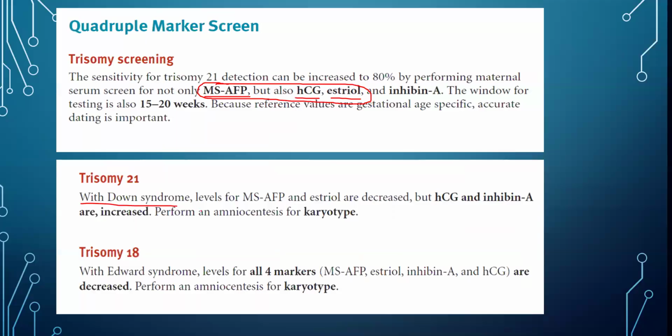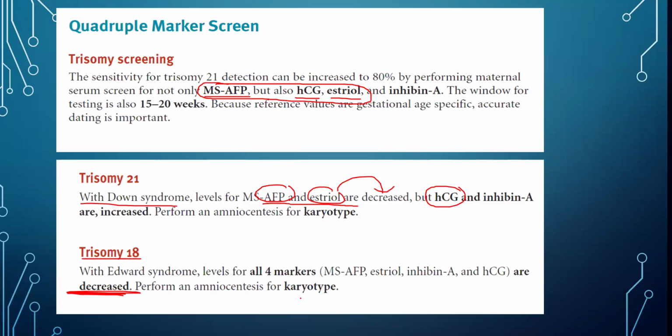If it is Down syndrome, then you will get a decrease of AFP and estriol, and HCG will be elevated. So in trisomy 21, the AFP and estriol will be reduced, but HCG will be high. And in trisomy 18, which is Edwards syndrome, all 3 hormones will be decreased.